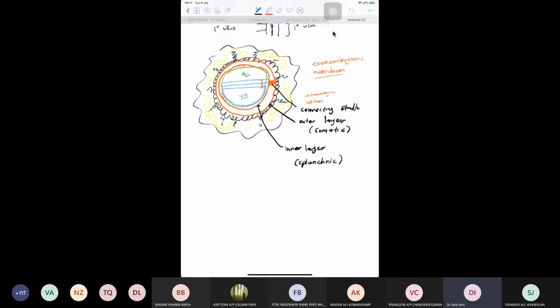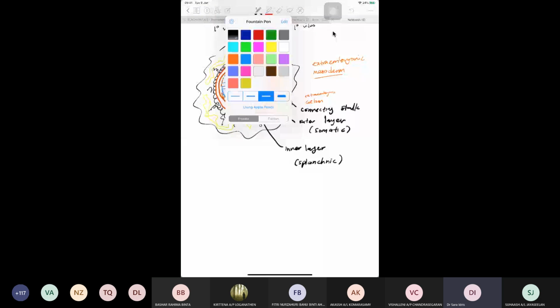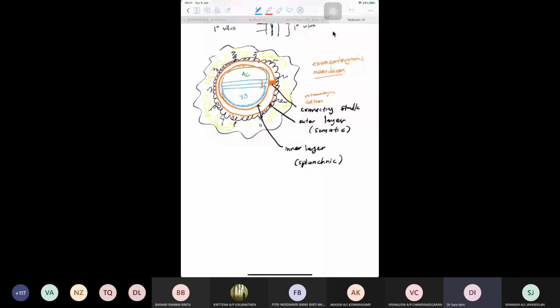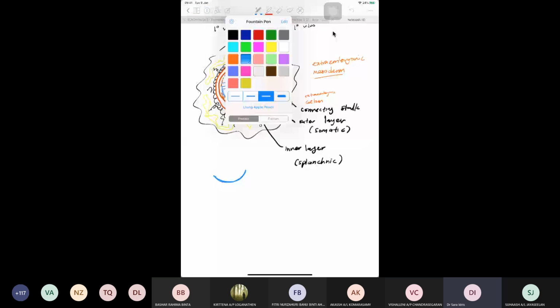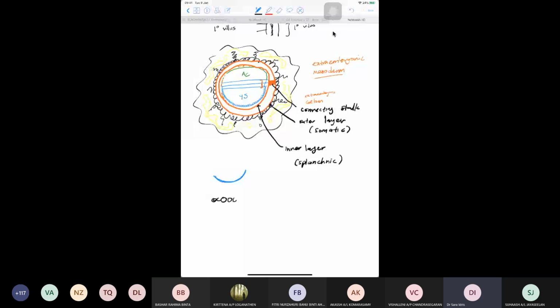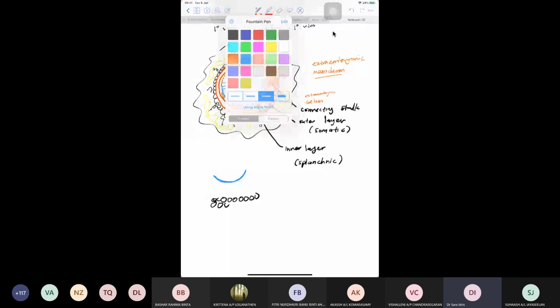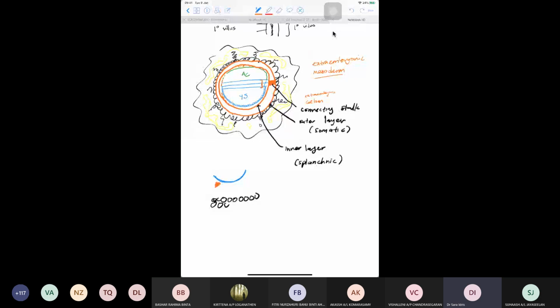All right. Now, as a recap, previously you have your embryoblast, so you have your yolk sac there, and then you have your cytotrophoblasts on the outside. Now I'm just going to zoom in on this part here, and the yolk sac will produce a lot of extra-embryonic mesoderm, and then eventually you have coelom occurring.